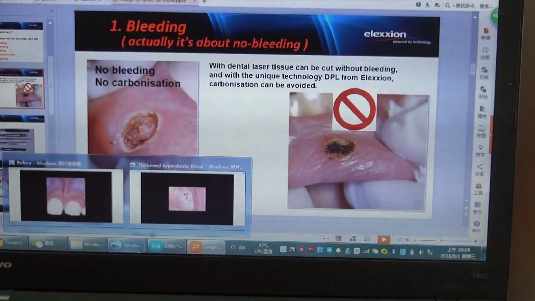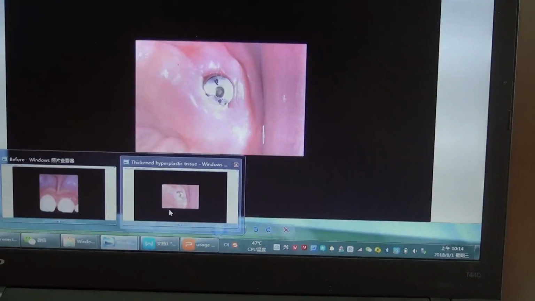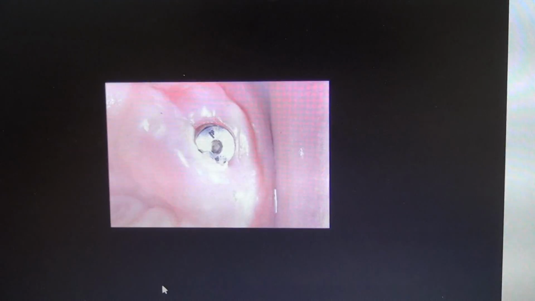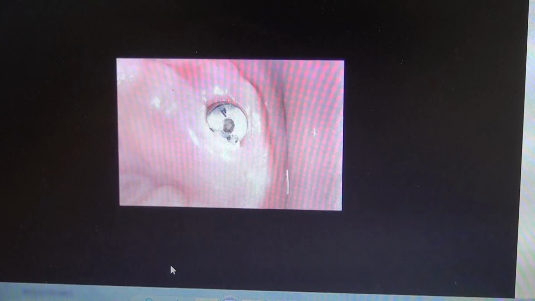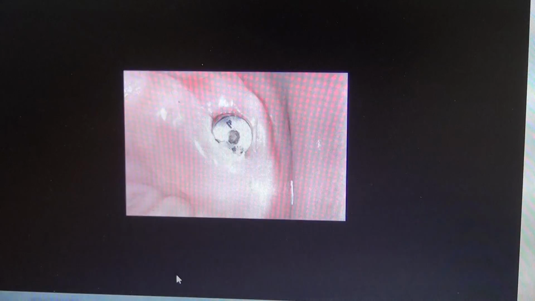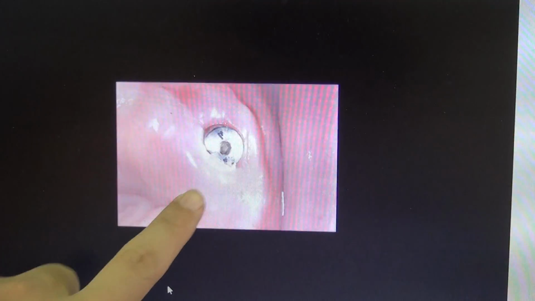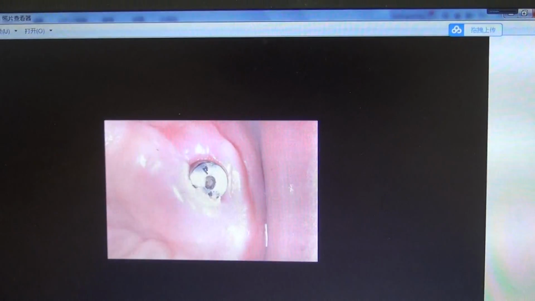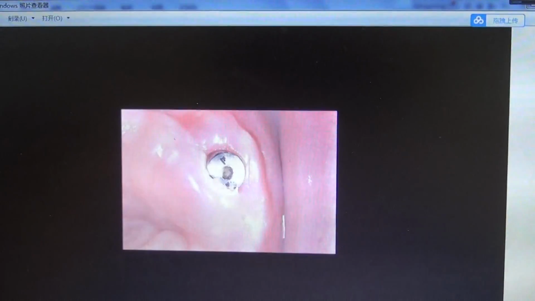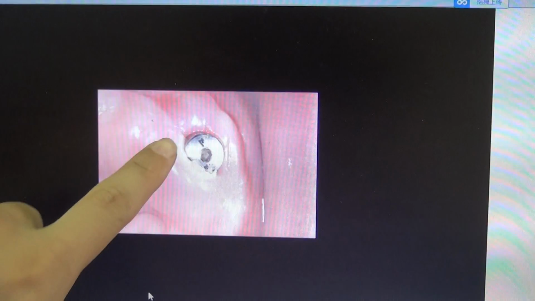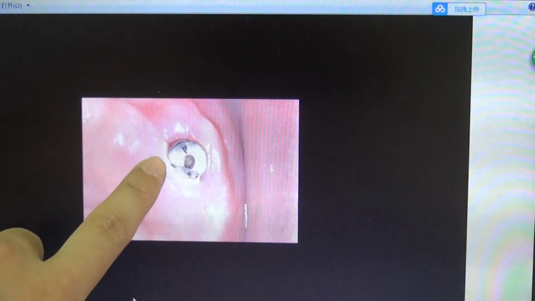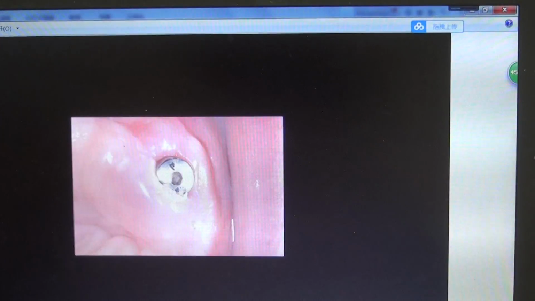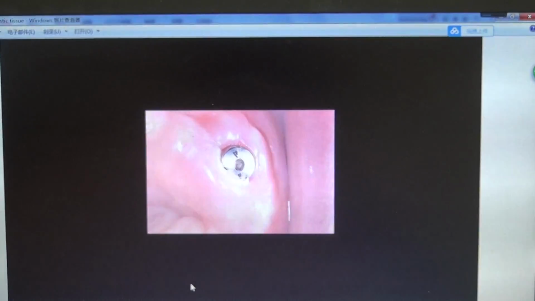For another example, the implant. When you install the implant, after some time the gingiva will cover the implant. And at this time, you have to cut the gingiva. Again, by what will you cut? By a scalpel?